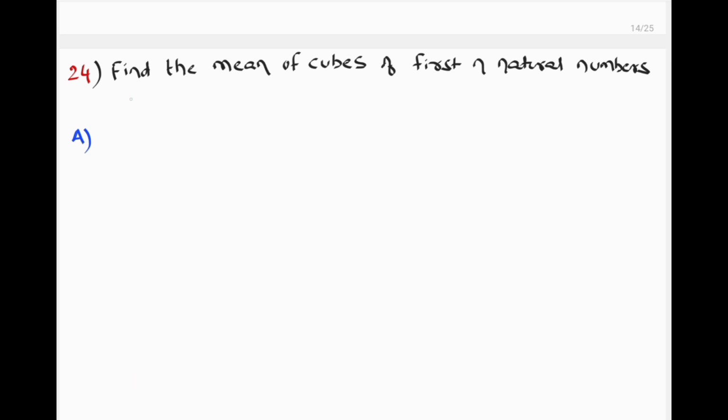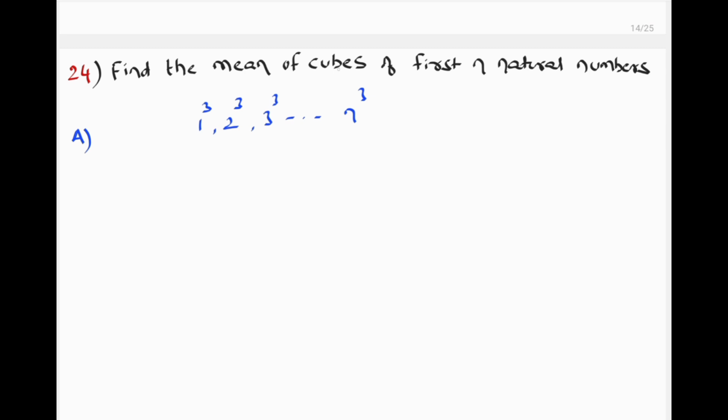Next, find the mean of cubes of first n natural numbers. The perfect cubes are 1 cube, 2 cube, 3 cube, and so on, n power 3.